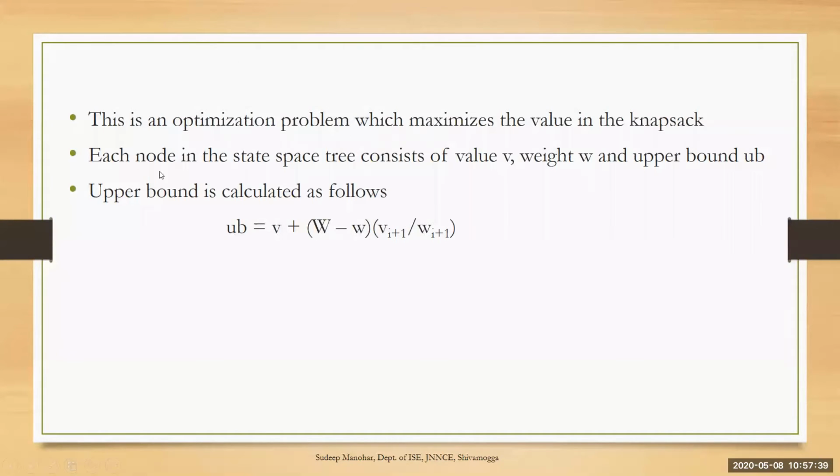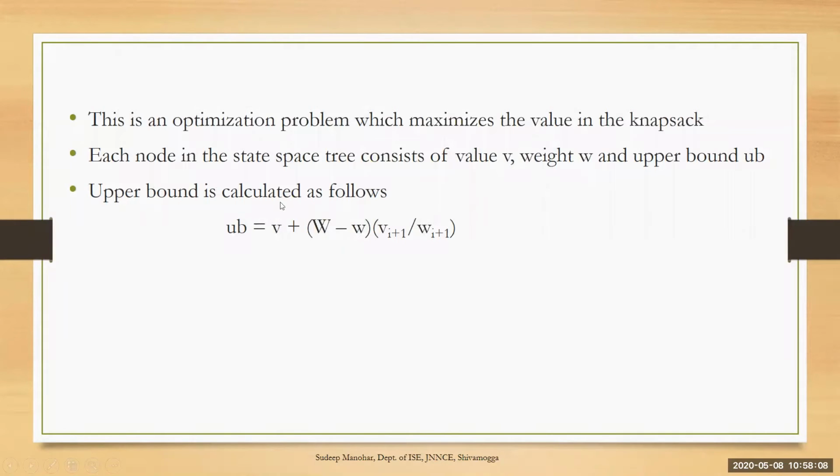Each node in the state space tree consists of value V, weight W, and upper bound UP. So three values you are supposed to put in each node: value, weight, and upper bound. Why do we take an upper bound here? Because the problem is a maximization problem. In the previous problem we took a lower bound because it was a minimization problem. So how do we calculate the upper bound?